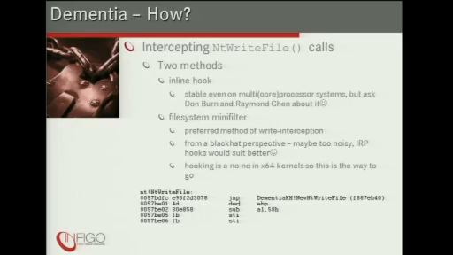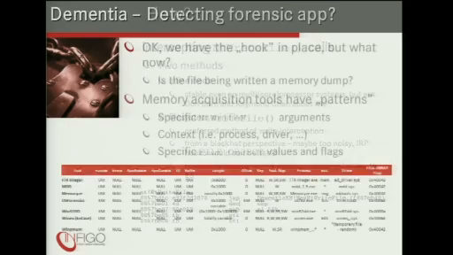Maybe IRP hooks would be a better solution, but I have chosen to write a file system mini filter. As you also know, hooking is a big no-no in 64-bit kernels because of PatchGuard, so you cannot just hook anything anywhere inside the 64-bit kernels, so mini filters are really the way to go.